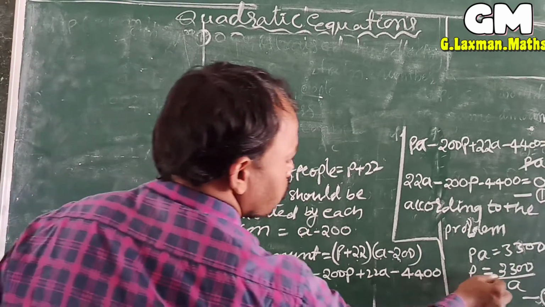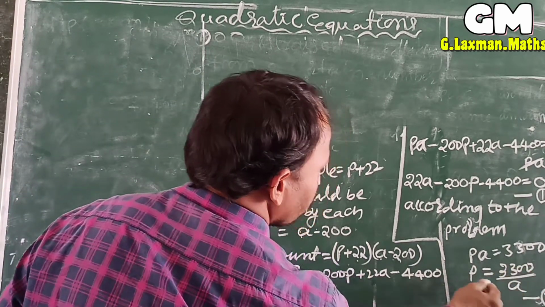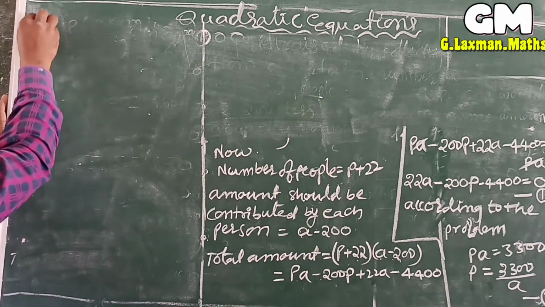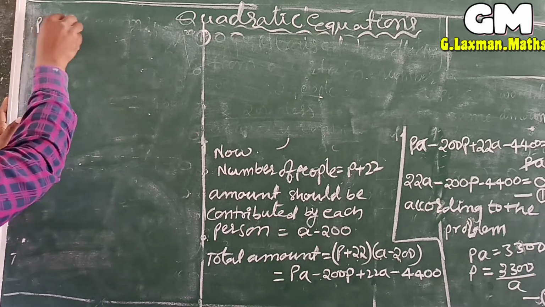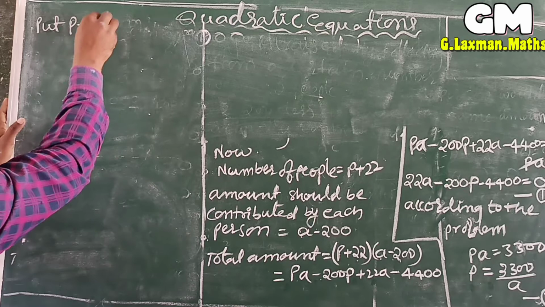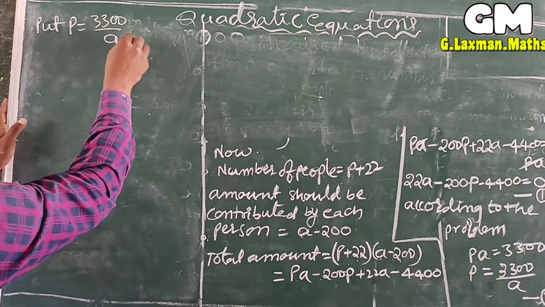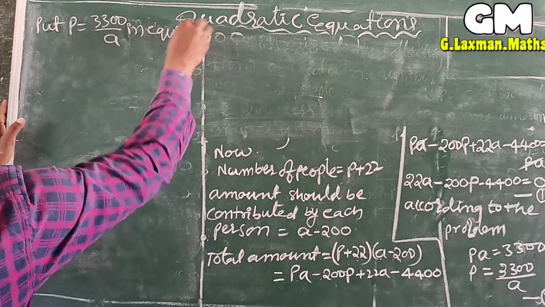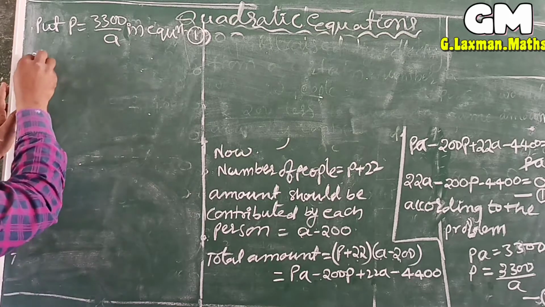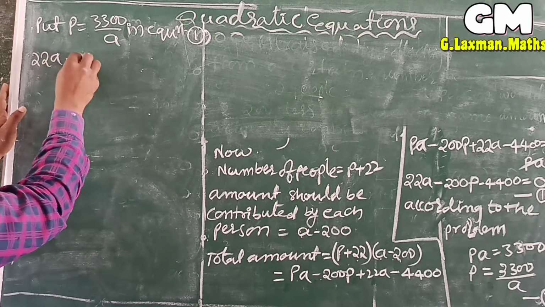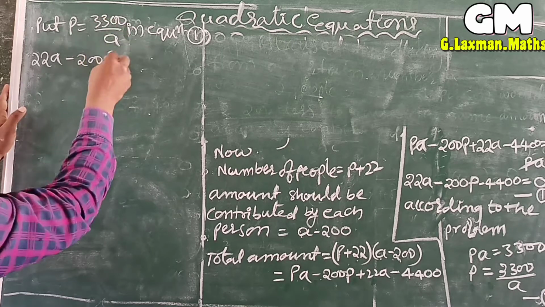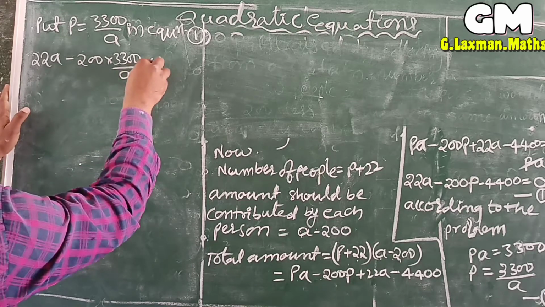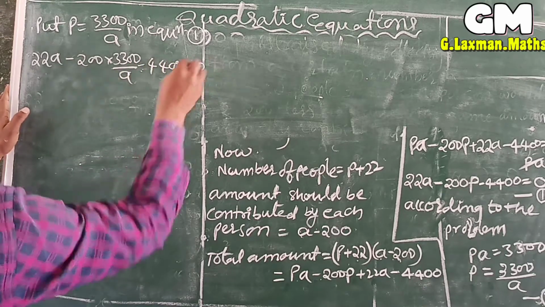Okay, so P is equal to 3300 by A, put in equation 1. What is equation 1 here? 22A minus 200P, and P means 3300 by A, minus 4400 is equal to 0.